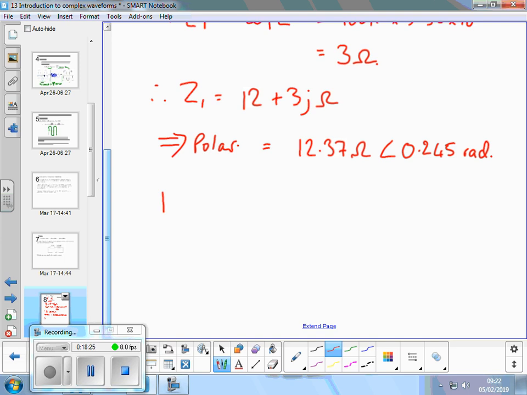So now we can calculate I1: 240 angle 0, so it's got no phase shift, divided by 12.37 angle 0.245.